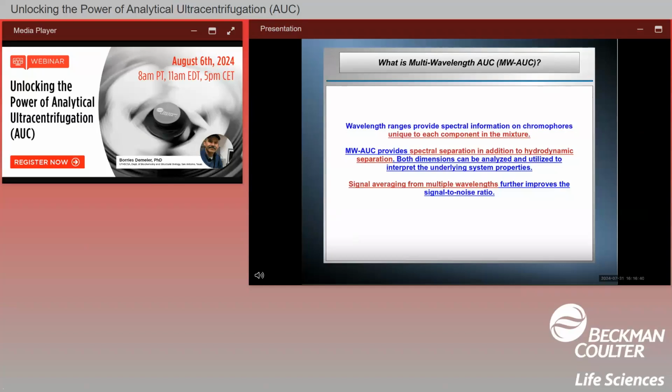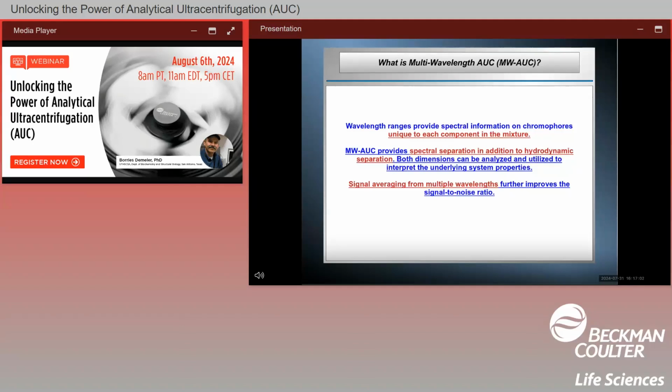The wavelengths that we're measuring then provide spectral information on the chromophores that are in the molecules that we're sedimenting. And the spectral information is going to be unique to each unique chemical component in the mixture.